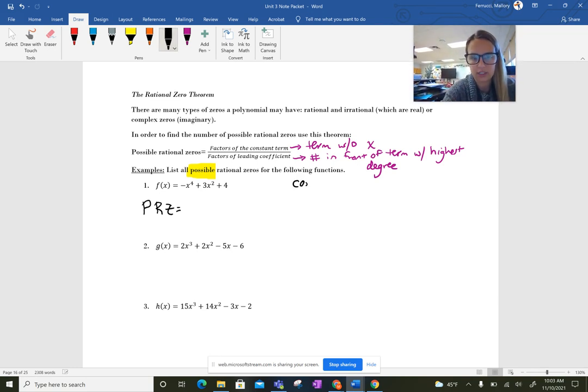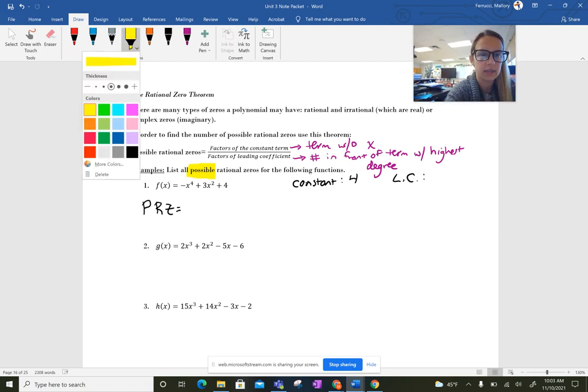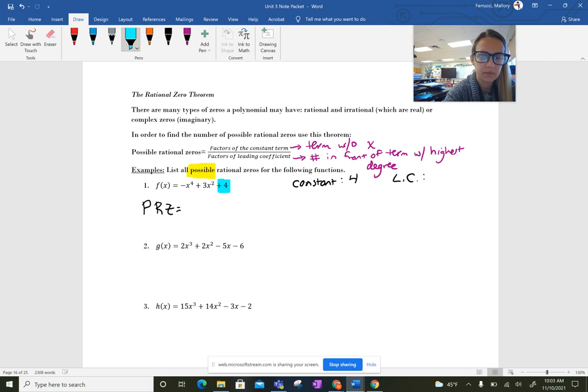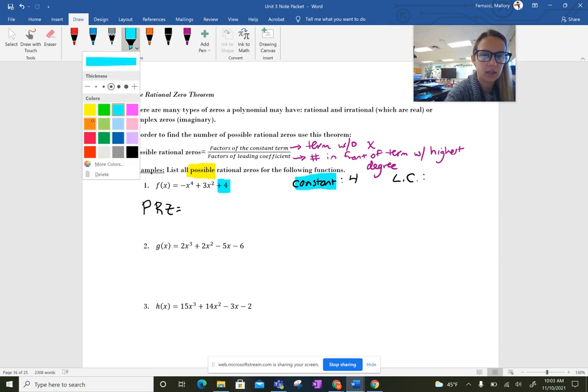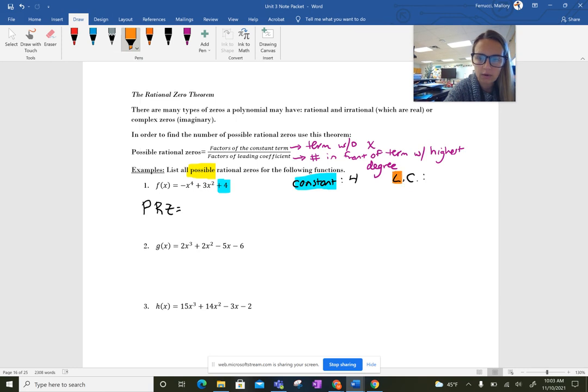The constant term in this is the one without the variable. So the constant is 4. The leading coefficient in this one is technically a negative 1.